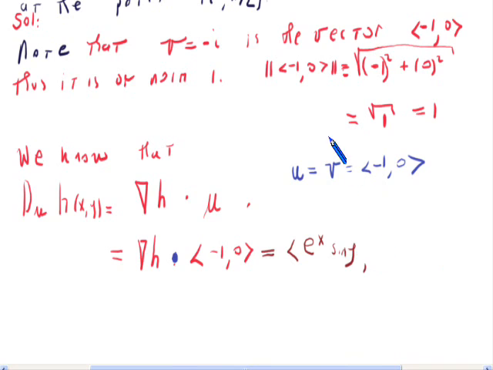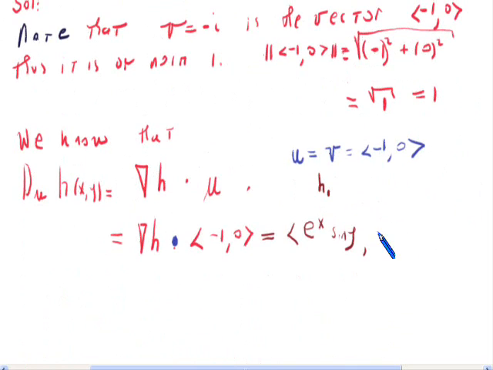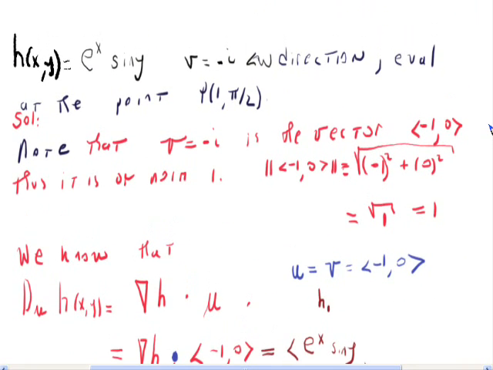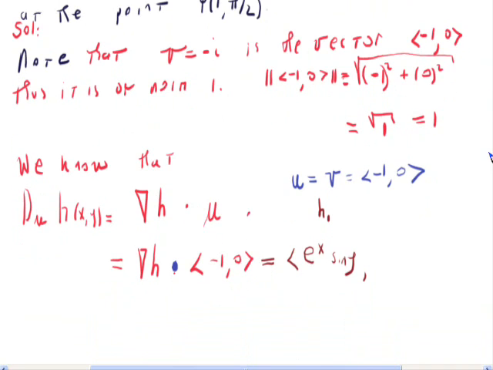And then the partial with respect to y is e to the x times cosine of y times the derivative of y, but the derivative of y is just 1.